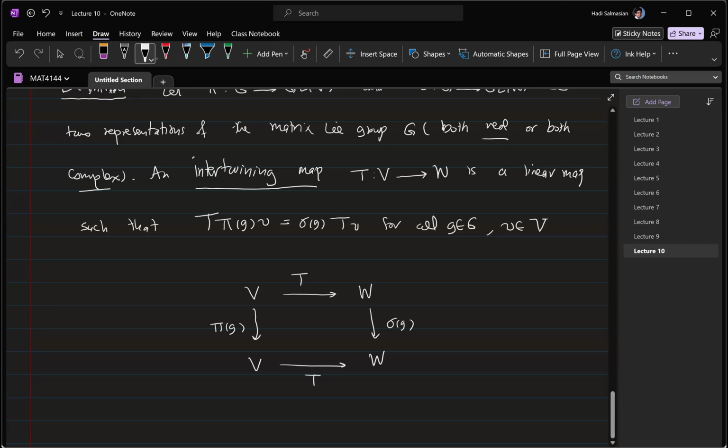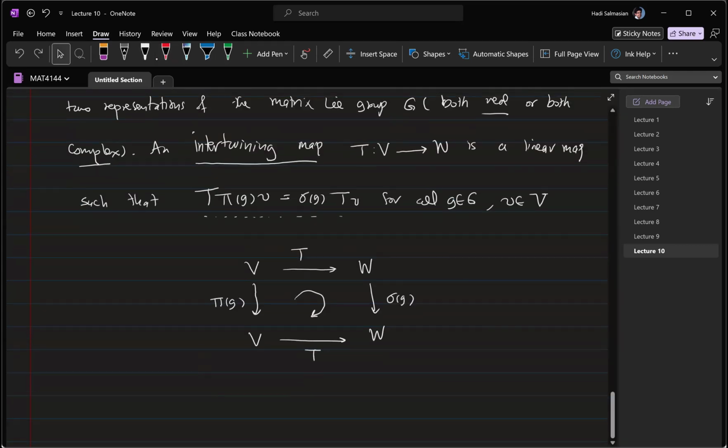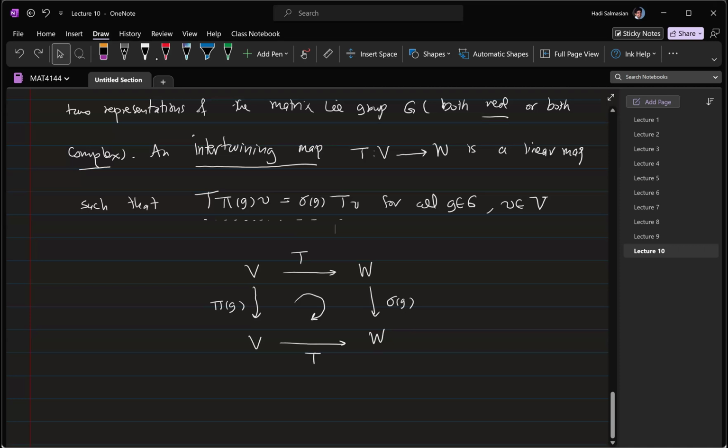So pi(g) is a map from V to V, sigma(g) is a map from W to W. And this relation really means that this diagram commutes. If you go this way, it's the same as if you go this way. Okay, everybody happy so far?